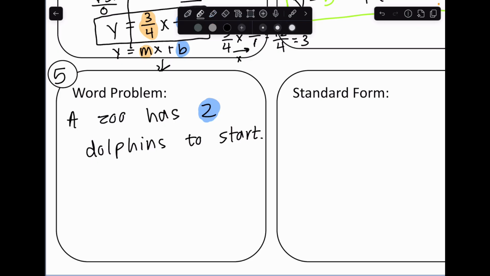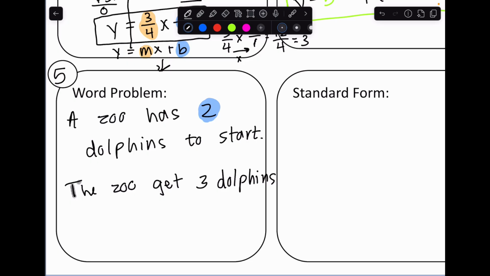And now we need to incorporate our slope. So we're going to say the zoo gets 3 dolphins every 4 years.